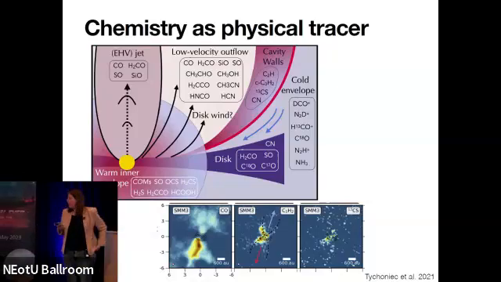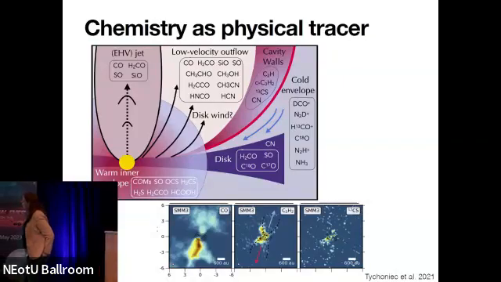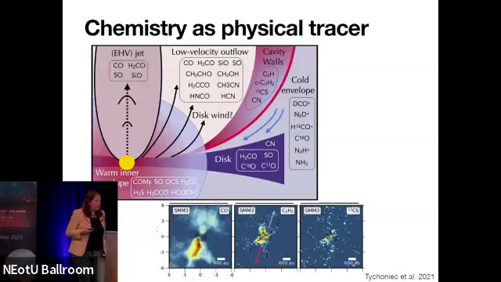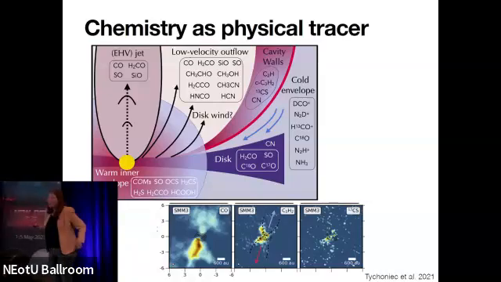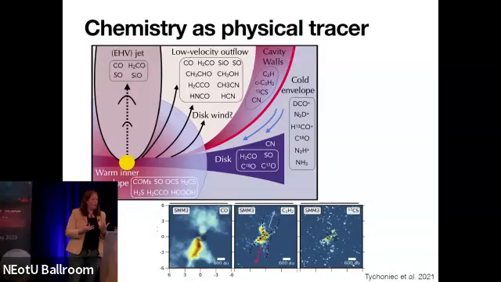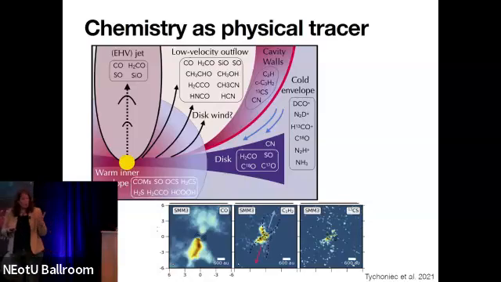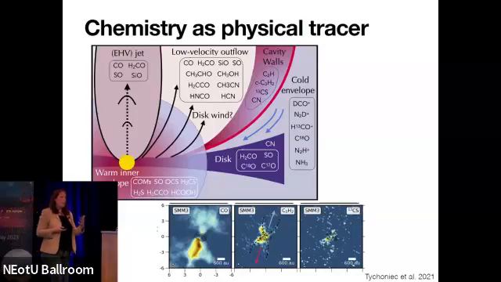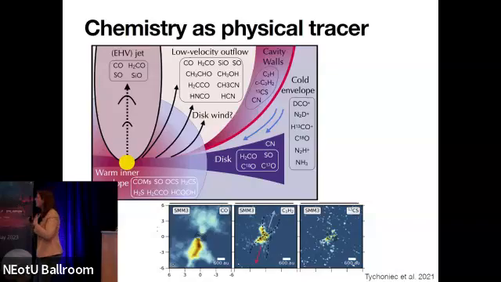And in this overview paper, we see that the different molecules are sensitive to different conditions in these protostellar systems, like the outflows, the cavity walls, the inner envelope, the disk, where we have different temperatures and densities and therefore different molecules that we can observe. So essentially, the more molecules we discover, the more possibilities, the more tools we have to understand the conditions and study the physical processes here.